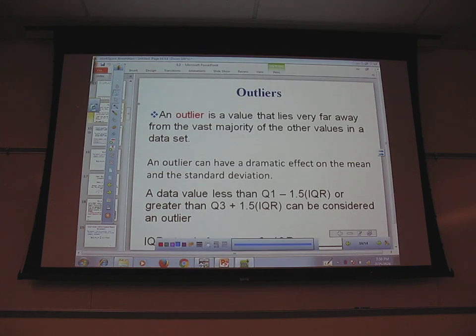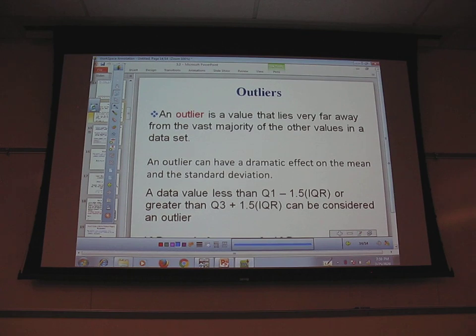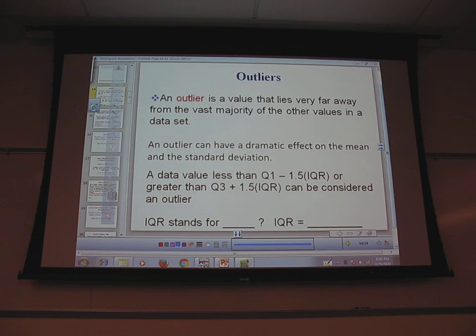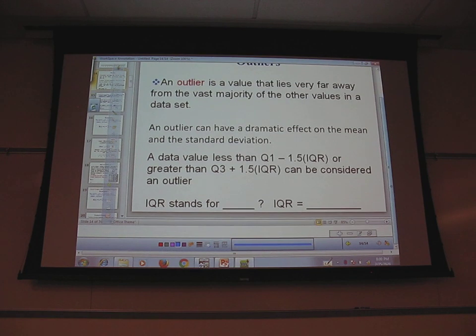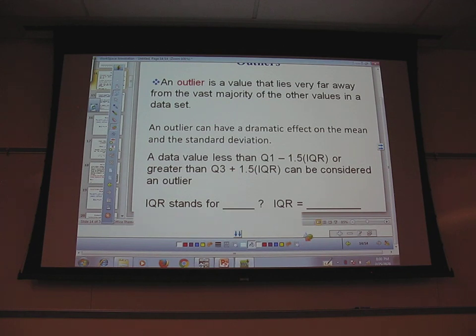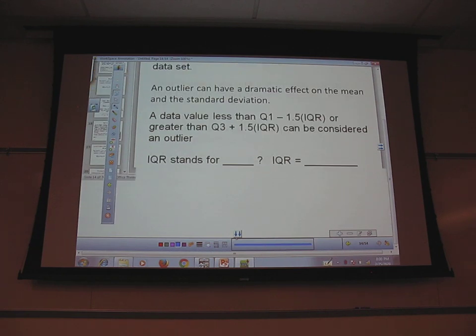Outliers. Jocelyn, go ahead. An outlier is a value that lies very far away from the vast majority of other values in the data set. A value that is less than Q1 minus 1.5 IQR, or greater than Q3 plus 1.5 IQR can be considered an outlier.